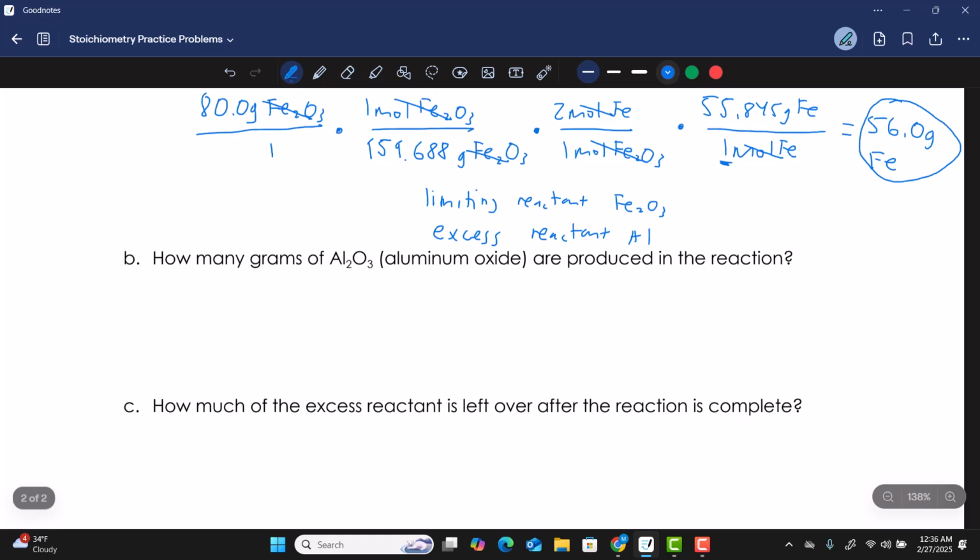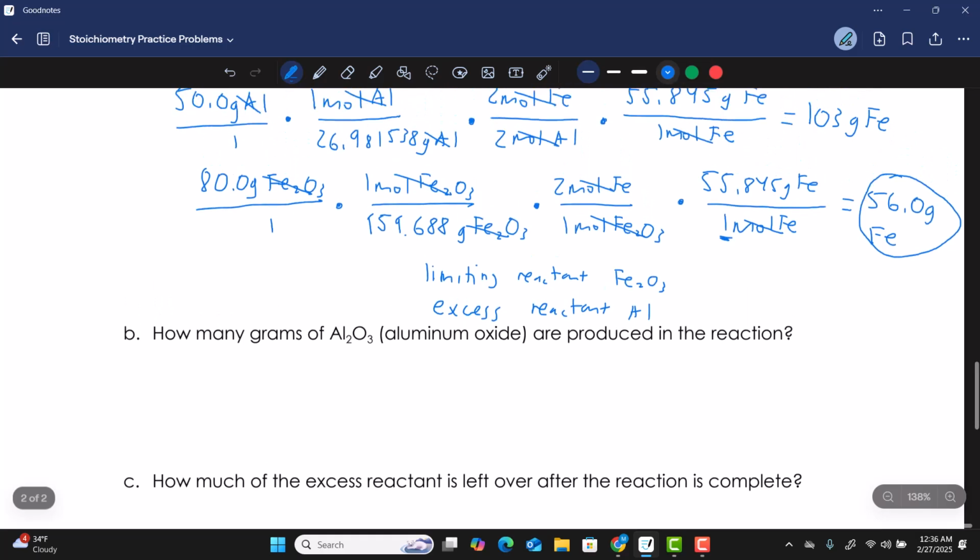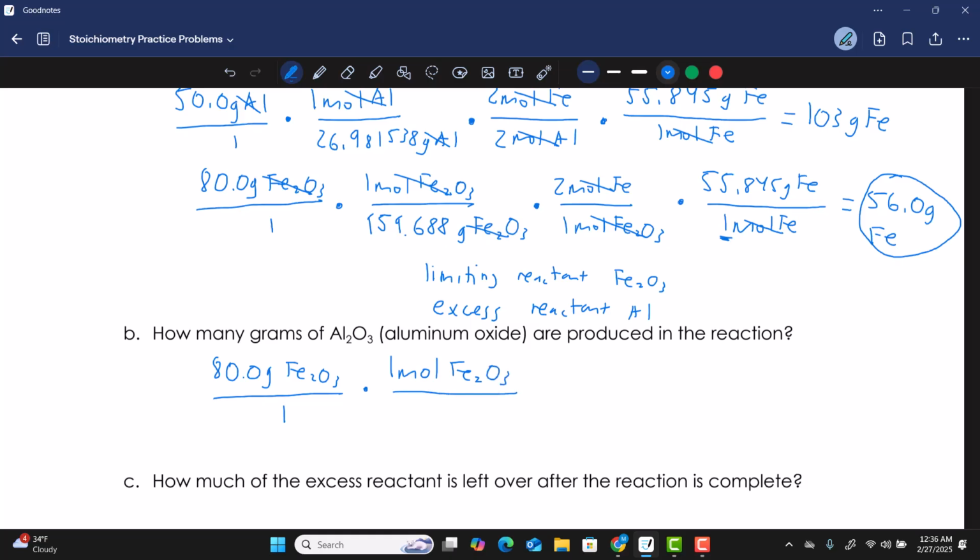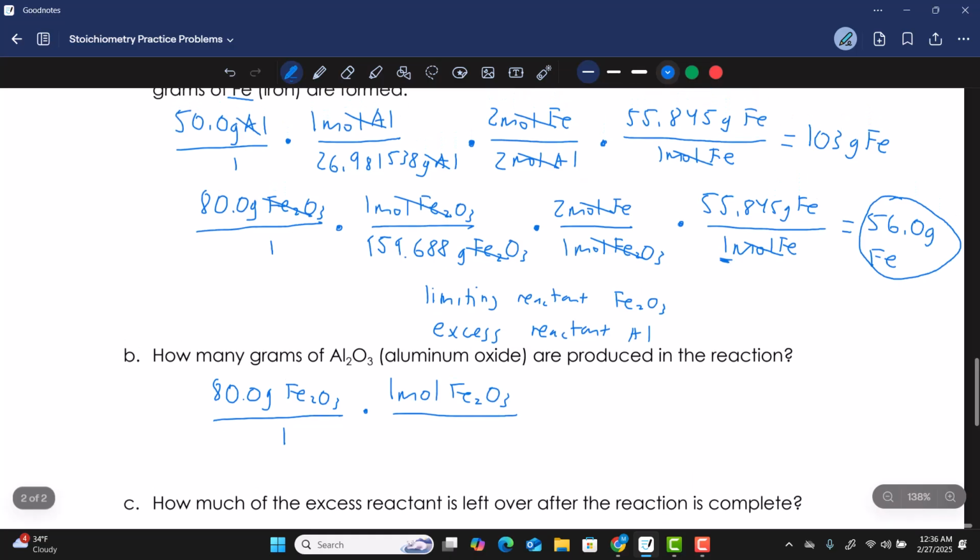Next, we want to find the grams of Al2O3 produced. So we would look at the limiting reactant, which is Fe2O3, and we had 80 grams of that. We want moles of Fe2O3 on the top. It's always going to be 1 when we have grams.